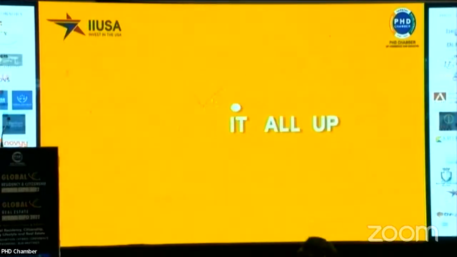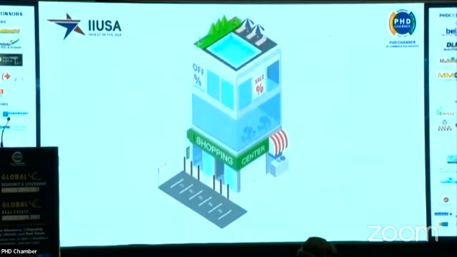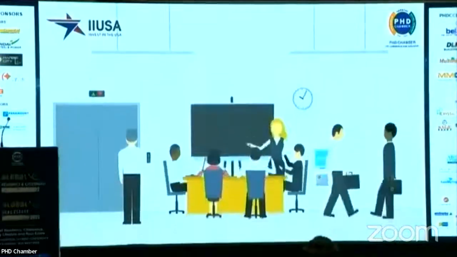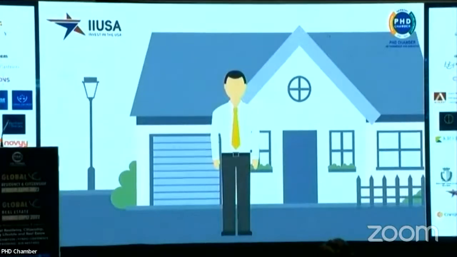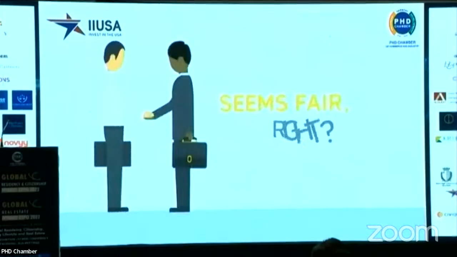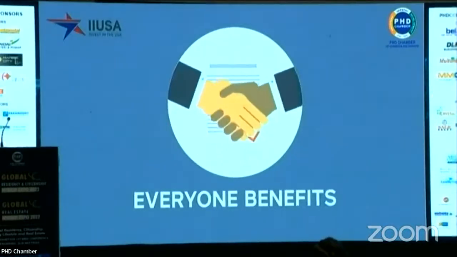To sum it all up, EB5 promotes foreign investment to improve U.S. neighborhoods and create American jobs. In return, it provides an opportunity for permanent residency, all at no cost to the U.S. taxpayer. Seems fair, right? Sounds like both sides really benefit from such a program.